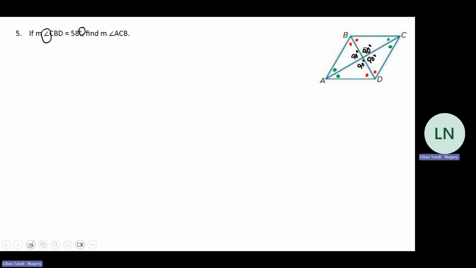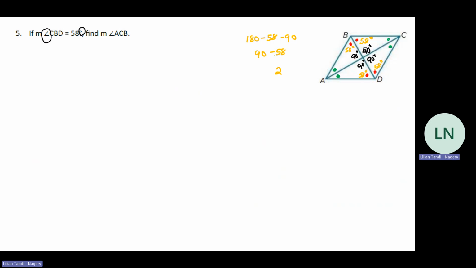All right. Now, CBD. Okay, so let's get another color. CBD. This angle here is 58. So if this is 58 degrees, this has to be 58 degrees, 58 degrees, 58 degrees. Now, let us find the green angle. We will do 180 minus 58 minus 90. So this is 90 minus 58, which should be 2.